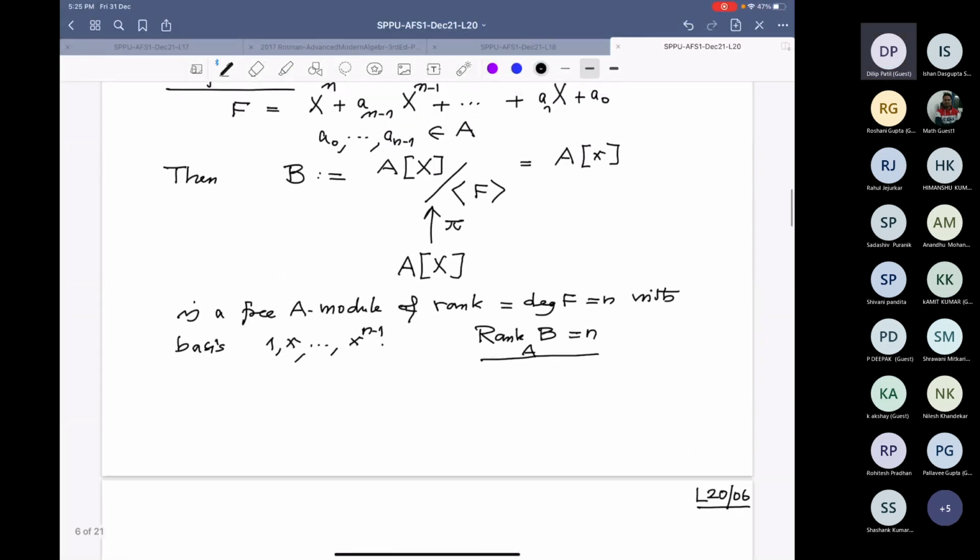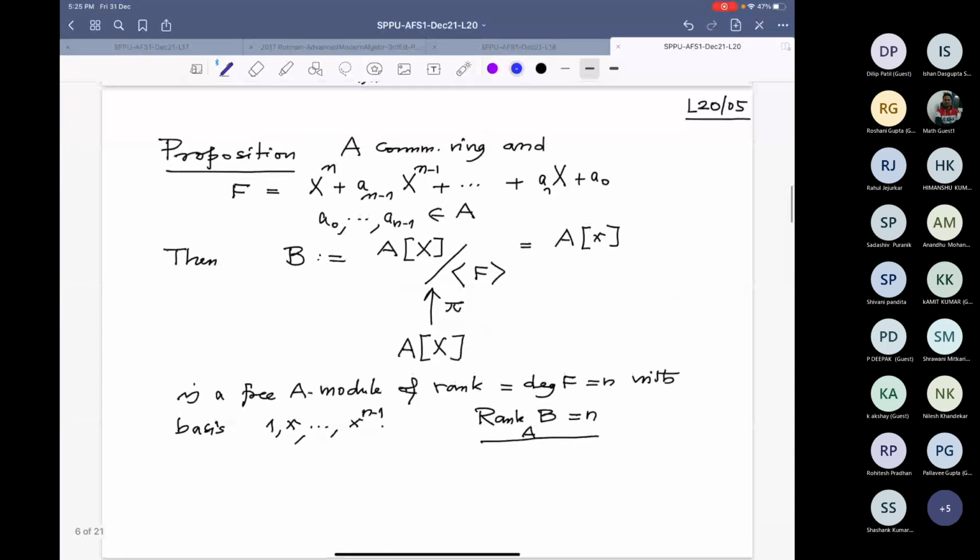So our standard example, C over R, is a quadratic, or let me say free, algebra.